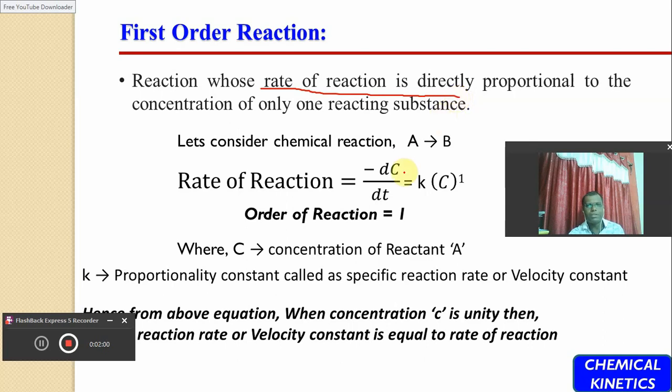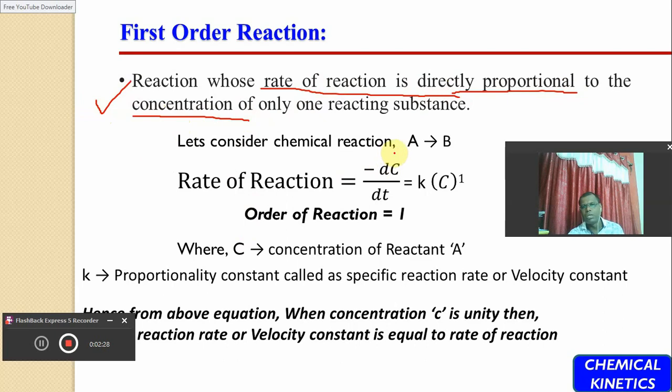If the rate of reaction depends upon only one reactant molecule, then the order of reaction will be 1 and it will be called a first order reaction. That's why the first order reaction can be defined as the reaction whose rate of reaction is directly proportional to the concentration of only one reacting substance in the chemical reaction.